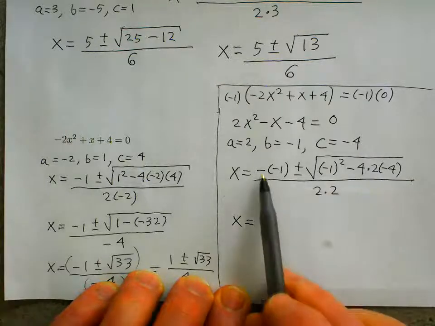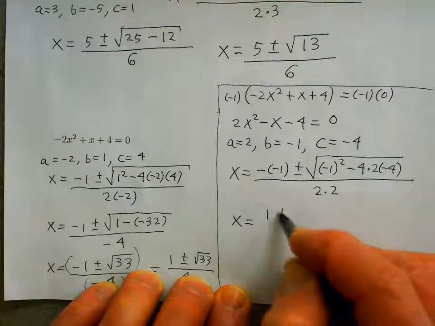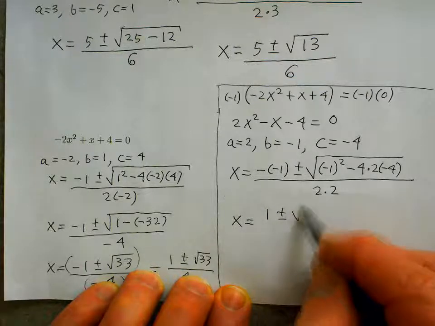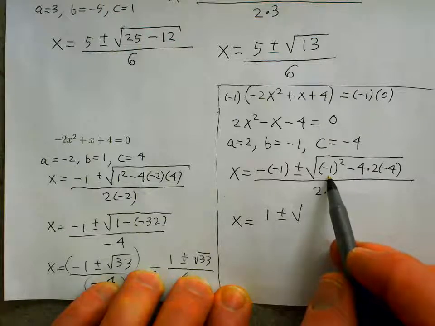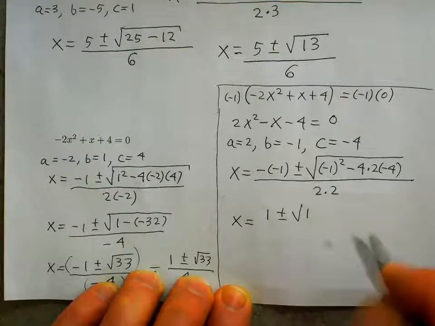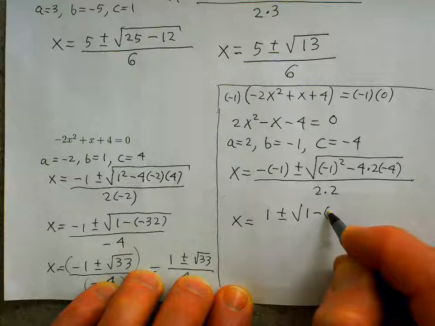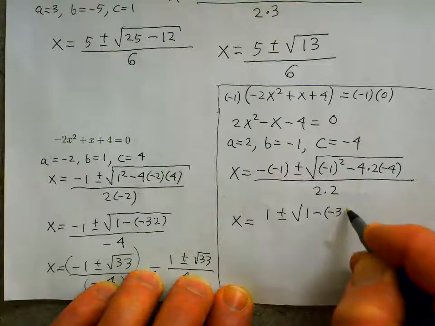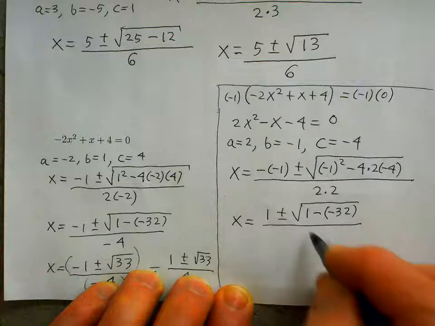So in the numerator, the negative of -1 is +1, and then plus and minus the square root of a number. So inside the square root, the number -1 squared is 1, and we're subtracting 4 times 2 times -4, so we're subtracting -32 again. And the denominator is 4.